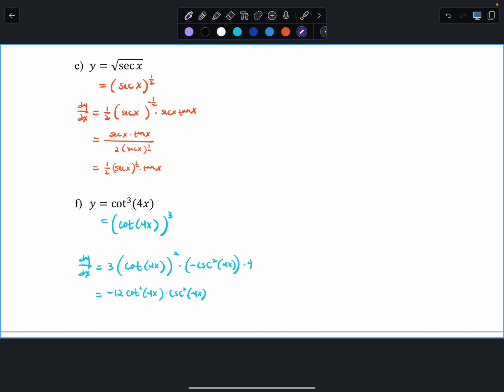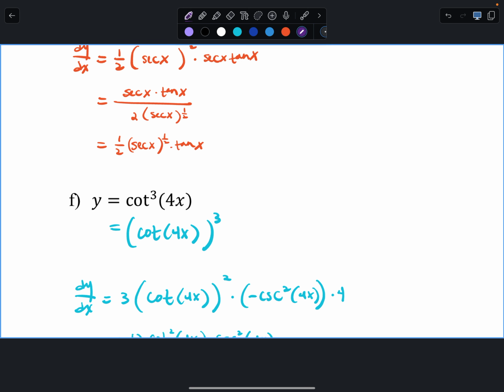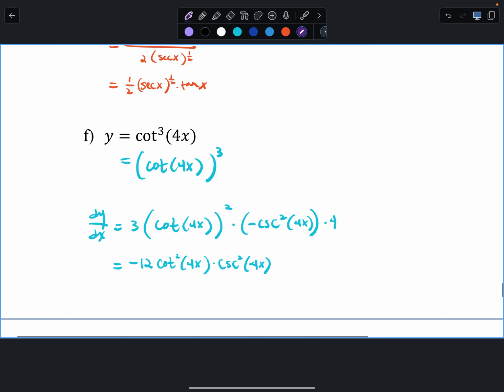Do we have questions on any of these? Okay. Oh, Rishi. Where did the 4 come from? To finish chain rule. The 4 comes from the inside, the 4x. Because we have to chain rule twice, right? Because it's a function inside of a function inside of a function.